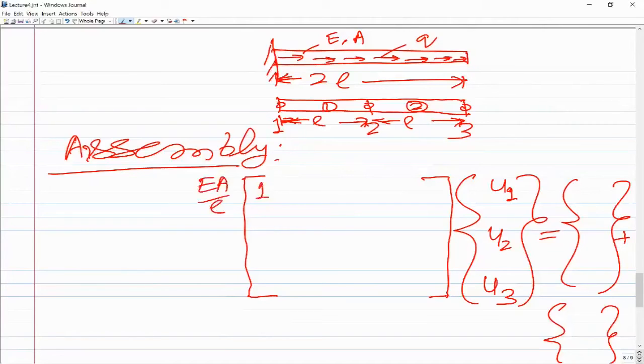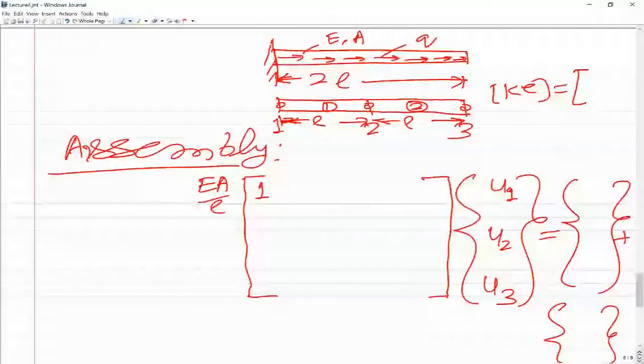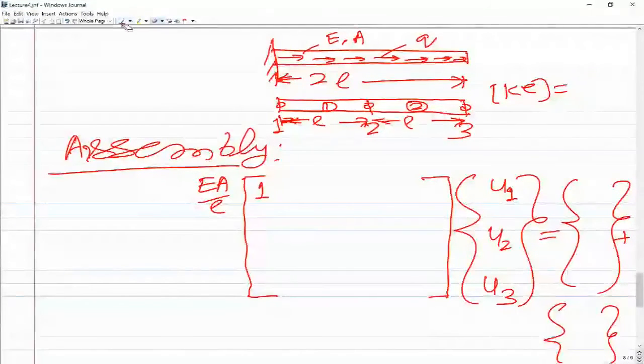Then first row, second column. If you look at element 1, the stiffness matrix is EA by L, 1 minus 1, minus 1 and 1.